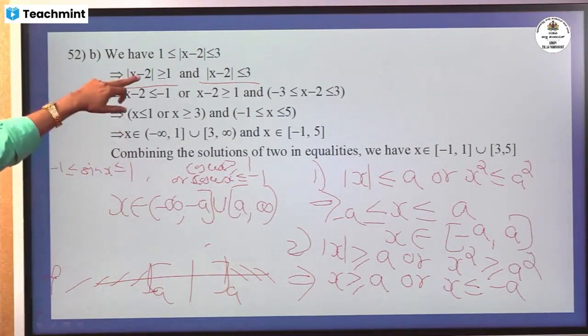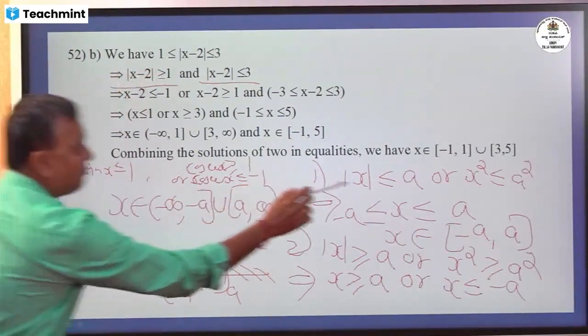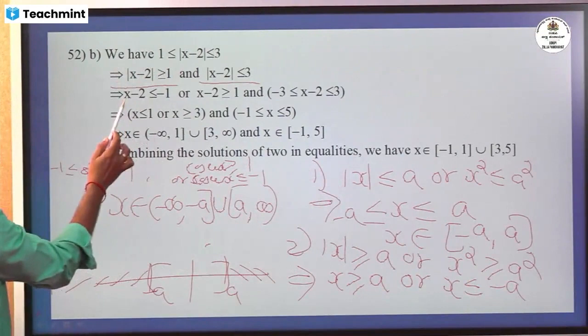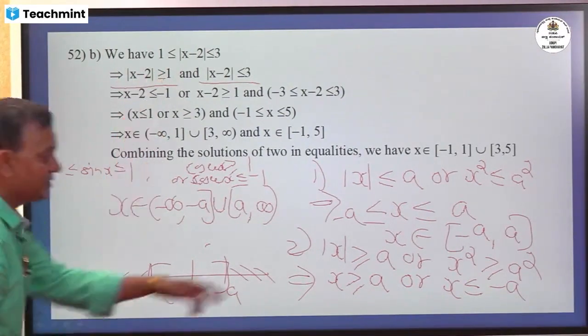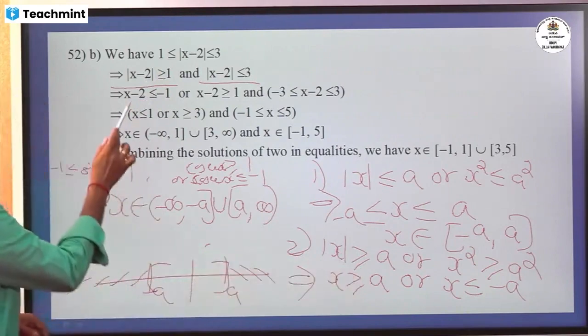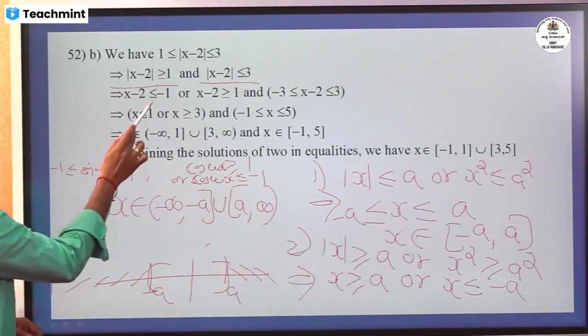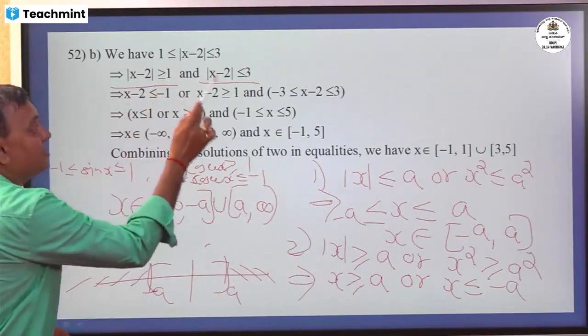So now, modulus of x minus 2 greater than or equal to 1 means, by the second one, x minus 2 is either less than or equal to minus 1 or x minus 2 is greater than or equal to 1.